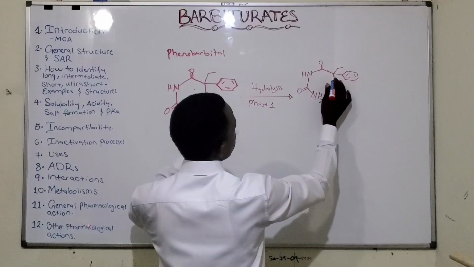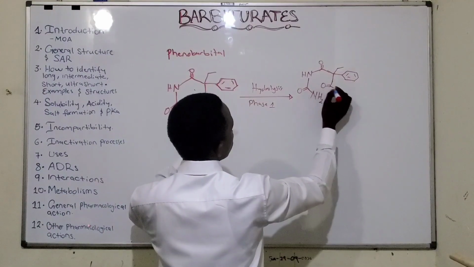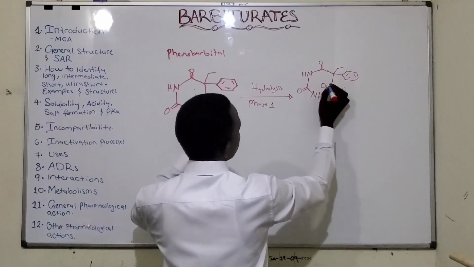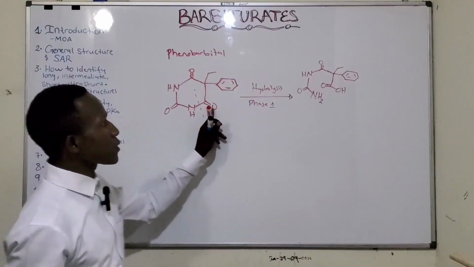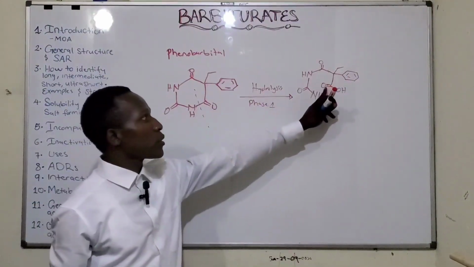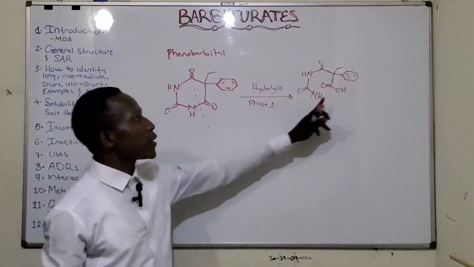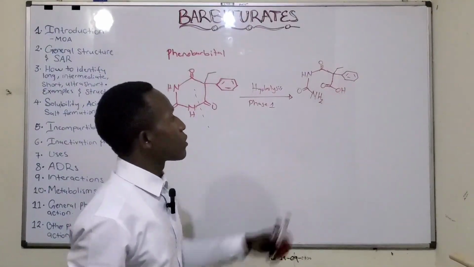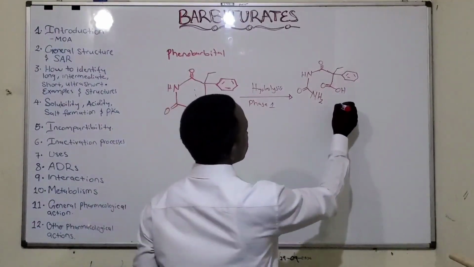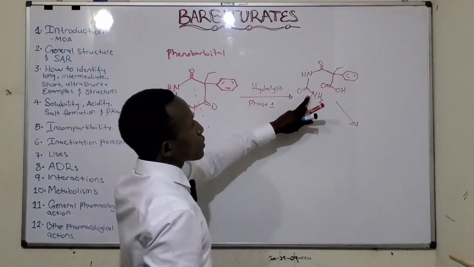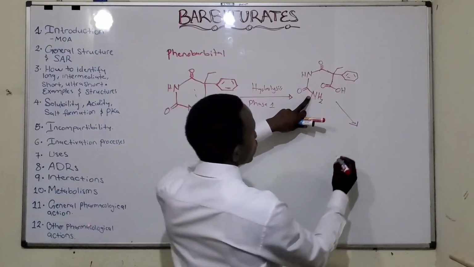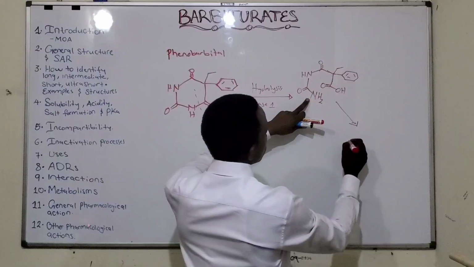This one will be OH. This ketone O, then here we have formed the OH group. Now, still by hydrolysis, we can lose the NH2 and form this.